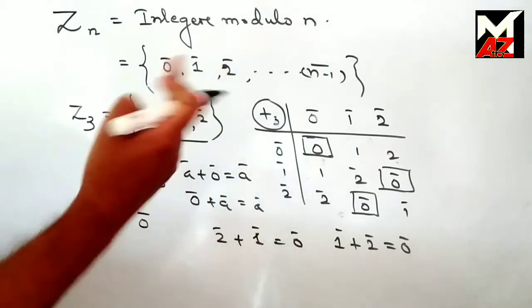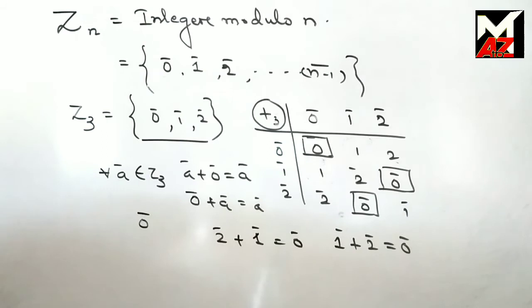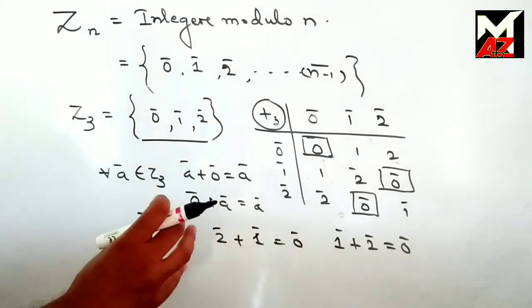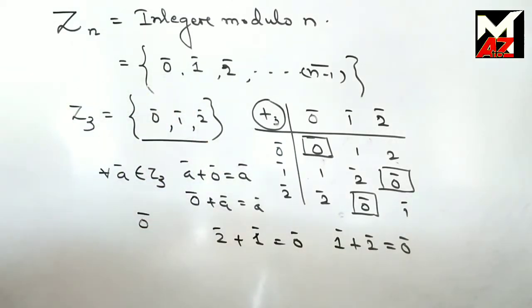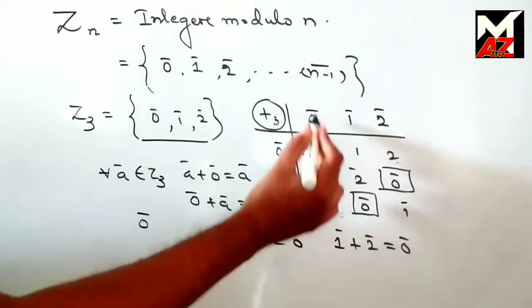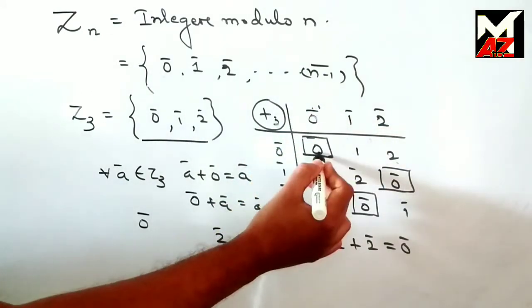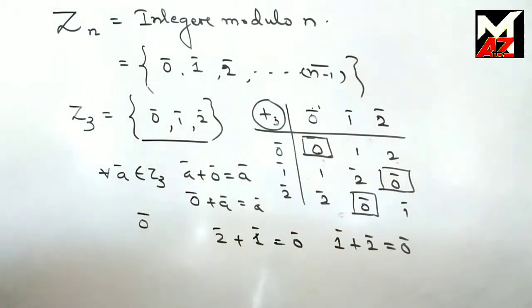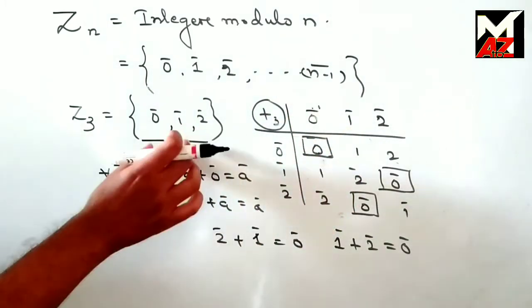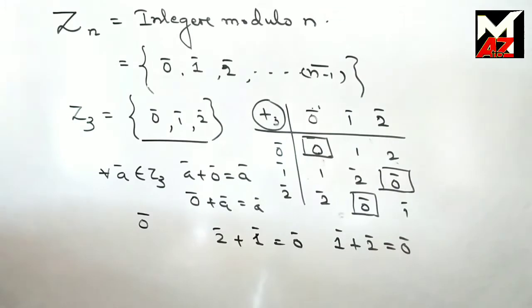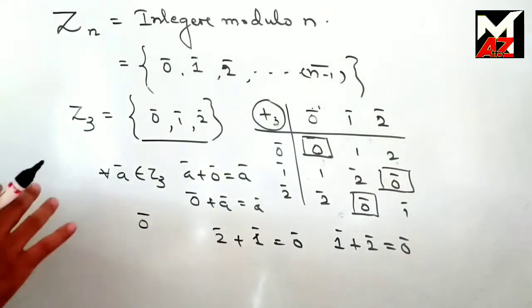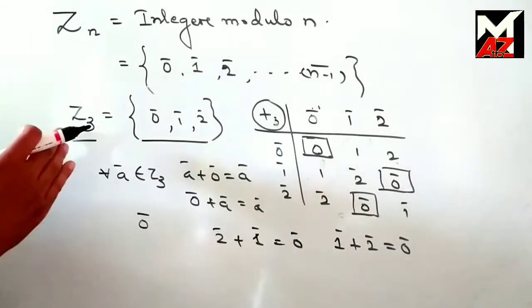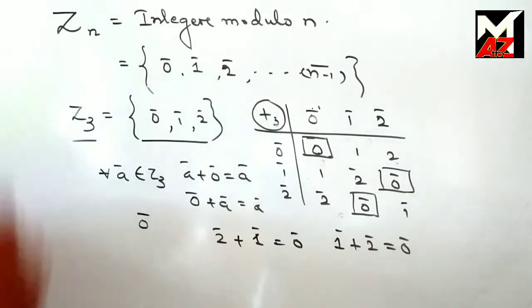Similarly, the 1 class is the inverse of the 2 class. So the 1 class and 2 class are inverse to each other. And also this shows that 0 class plus 0 class equals 0 class, so the inverse of the 0 class is the 0 class itself. So all the elements of this set have inverses. So all four properties of a group are satisfied by Z3, and we say that this is a group with respect to plus 3.